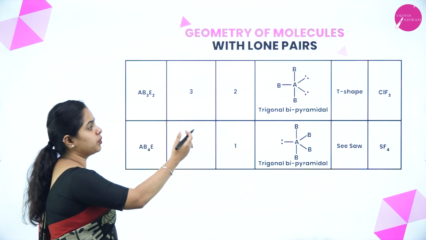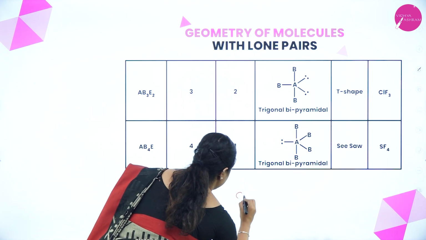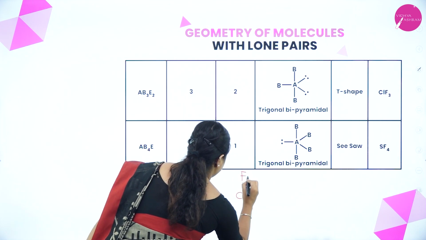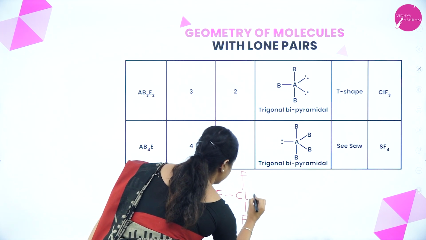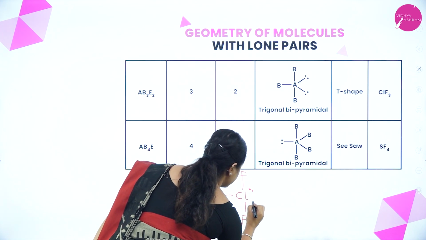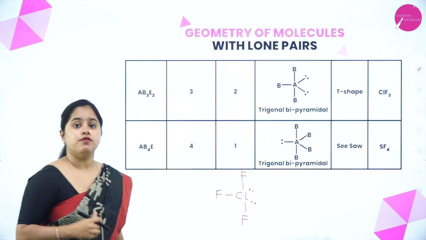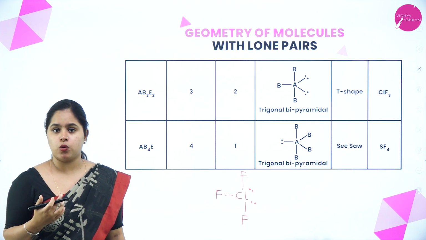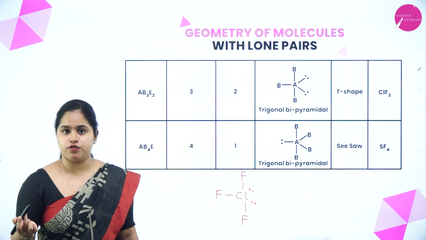Let's take the example of ClF3 molecule, right? So as you can see, ClF3, right? And there will be 2 lone pairs as well, right? We know the number of valence electrons in chlorine is 7, right? It is 1, 2, 3 which are taking part in bond formation.